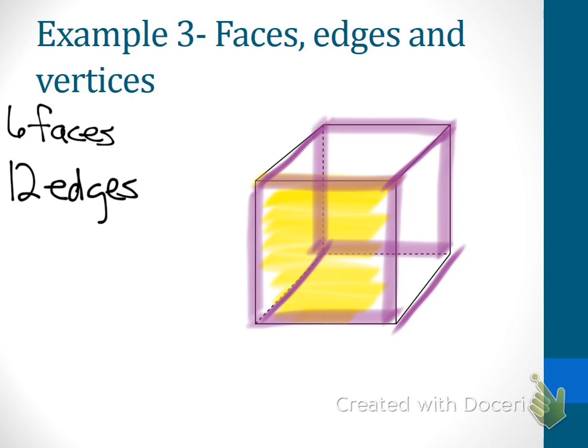And then for vertices, you remember what a vertex is? The corners. 1, 2, 3, 4, 5, 6, 7, 8. 8 vertices. You have 3 of these on your test tomorrow. Any questions? So that's it for solids.